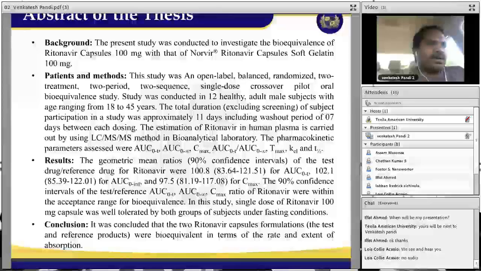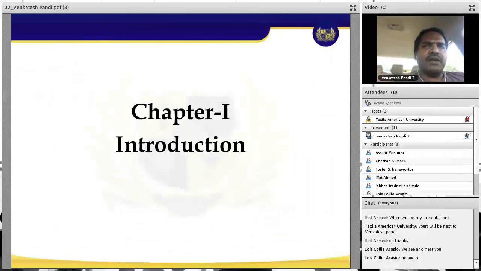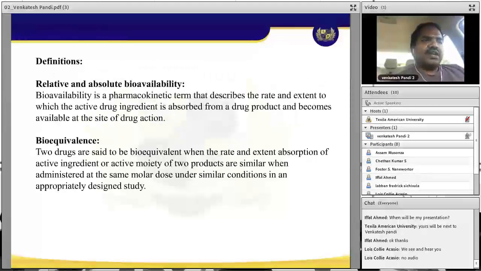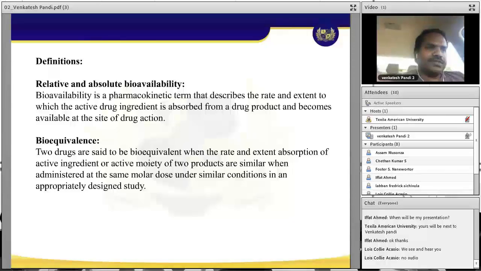The parameters assessed were the area under the curve 0 to T, AUC, Cmax, and Tmax. For the results, the geometric mean ratios, with the confidence interval generally 90% of the test and the reference drug, were 100.8 for AUC, 102 for AUC 0 to infinity, and 97 for Cmax. So the 90% confidence intervals of test and reference were within the acceptance range for bioequivalence.